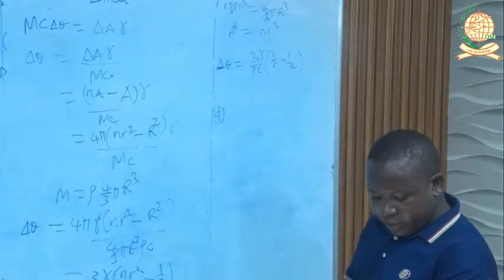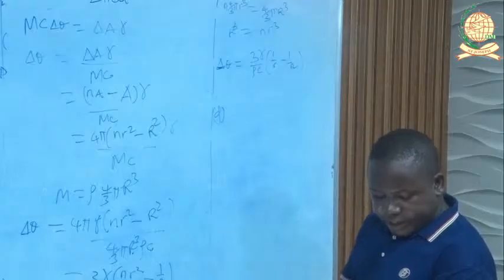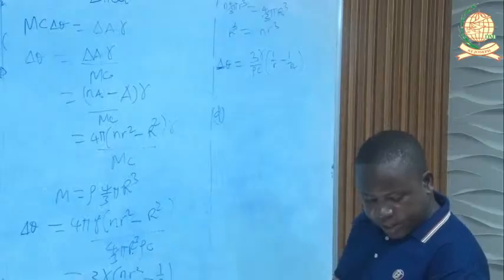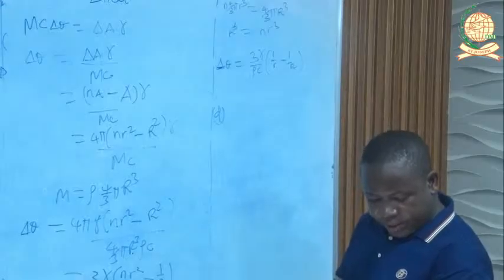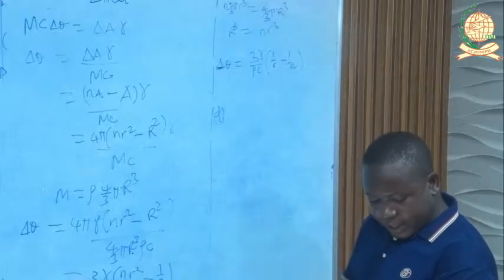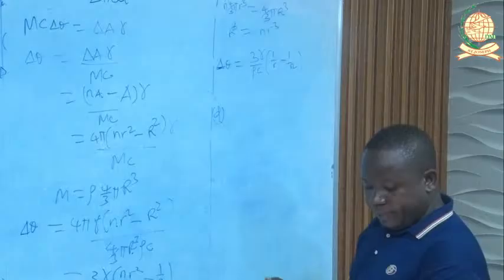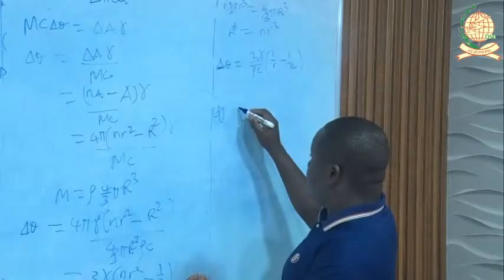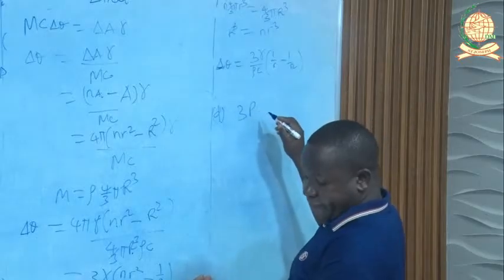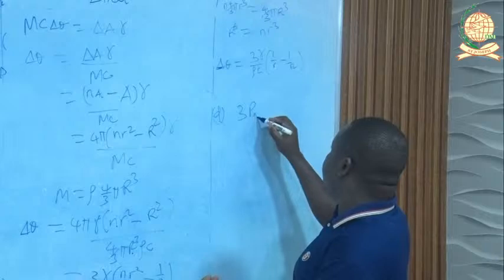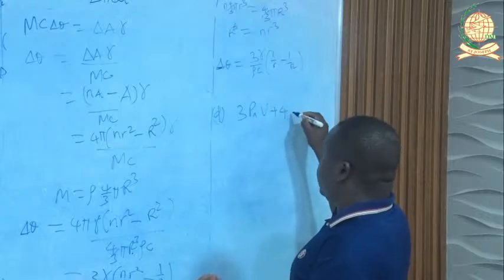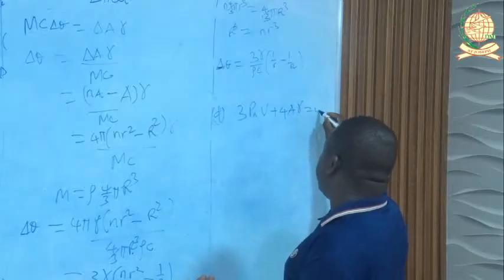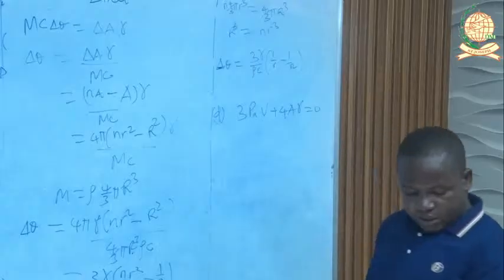If the change in volume of the contained air is delta V and delta A is the change in the total surface area, show that 3 P delta V plus 4 delta A gamma equals 0.